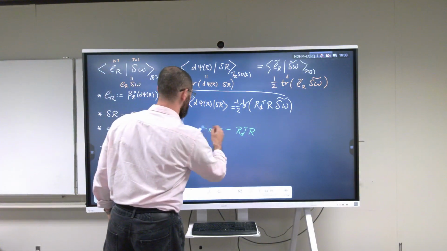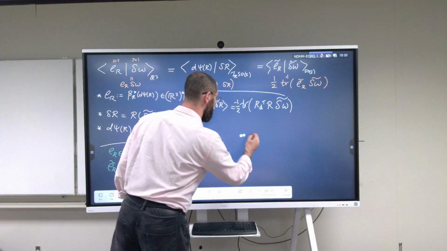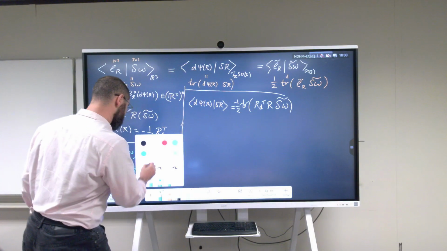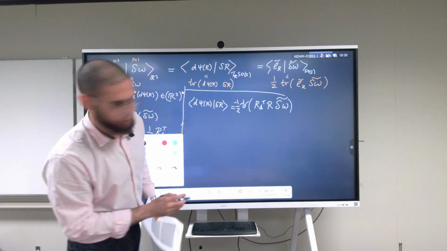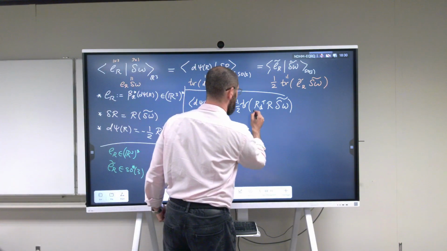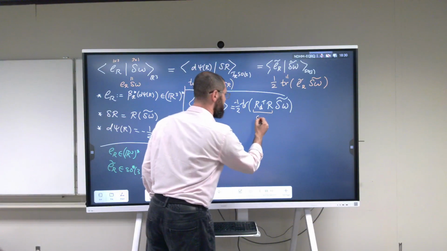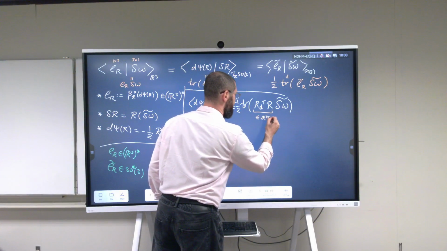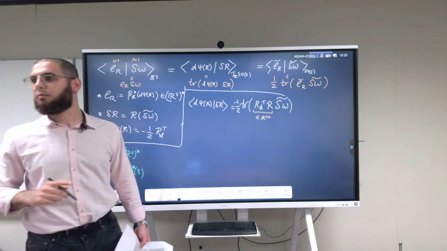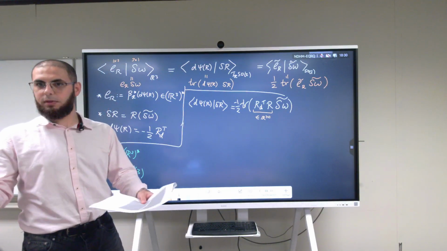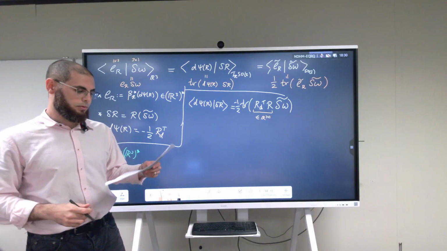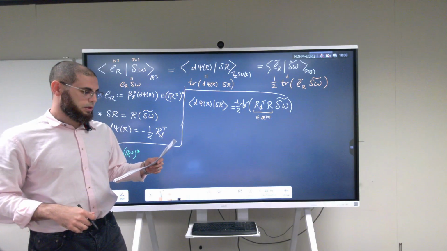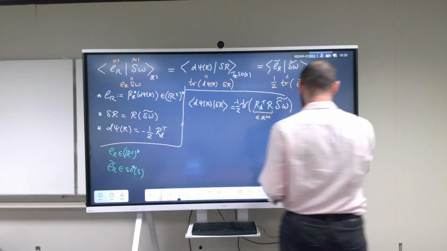Let's see something here. In general, this matrix is just in R3 by 3, not in the skew-symmetric subspace. There is an identity that we're going to be using.